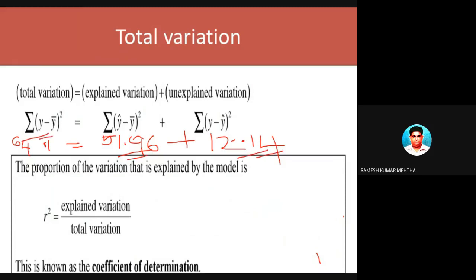So y minus y bar whole square is equal to y hat minus y bar whole square plus y minus y hat whole square. Now what is this? This is the total variance. This is the explained variance, and this is the error, or the left out part, or the residual, which is so called the unexplained part.